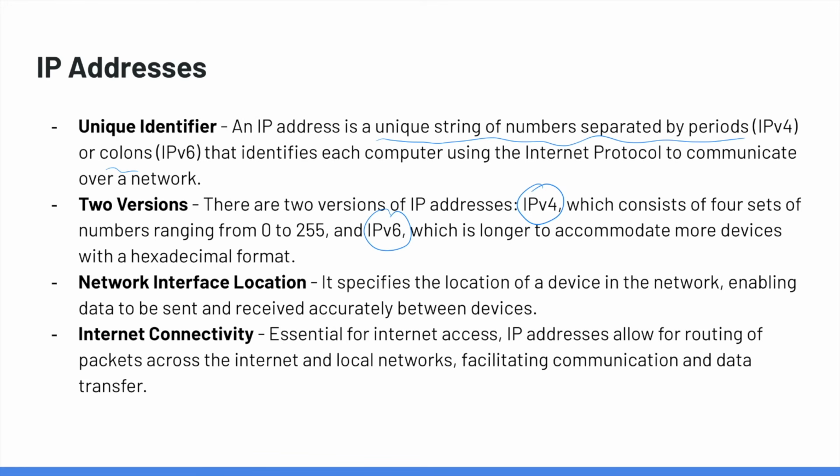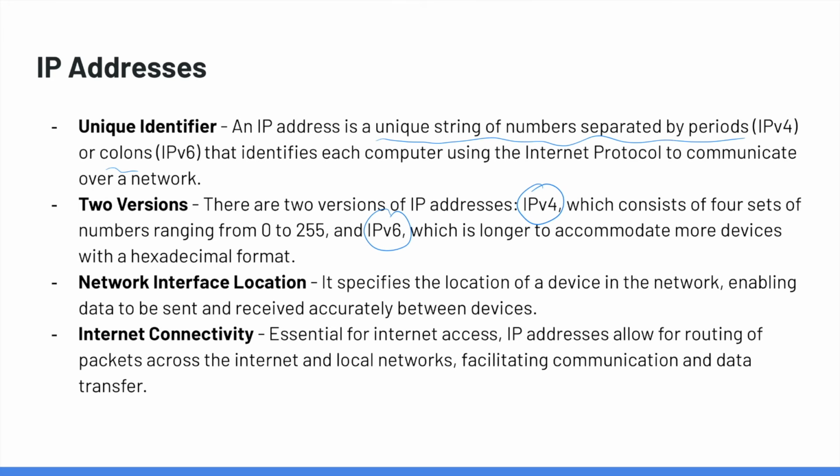Computers on private networks have their own private IP addresses, but we should probably focus on the internet. In that case, we can say the IP address is the address of every computer on the network that is the internet. So every computer that's communicating on the internet has its own IP address.